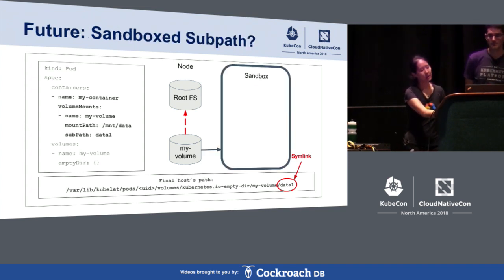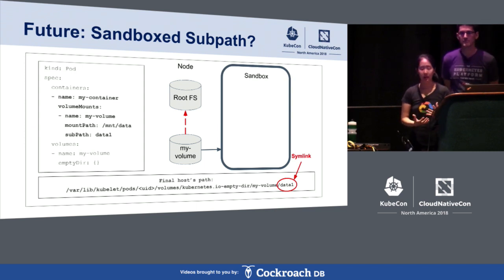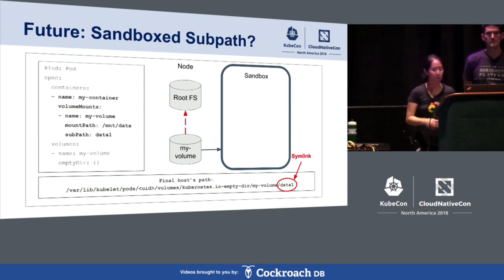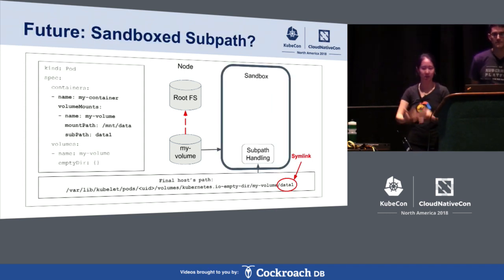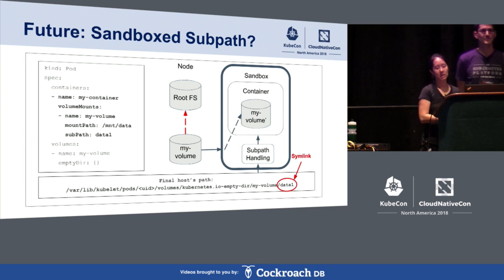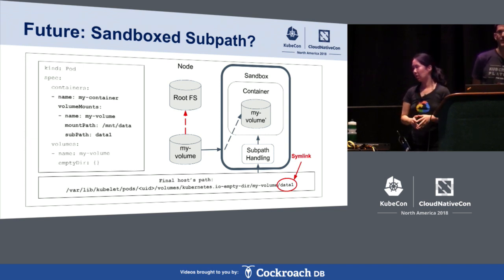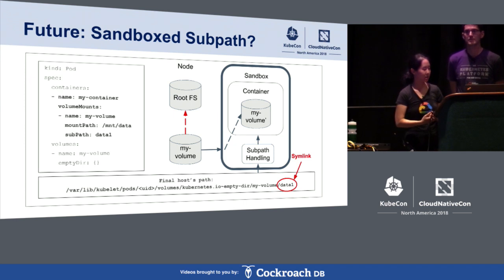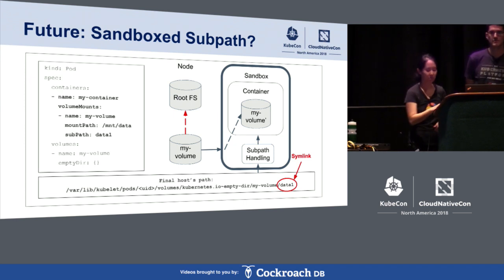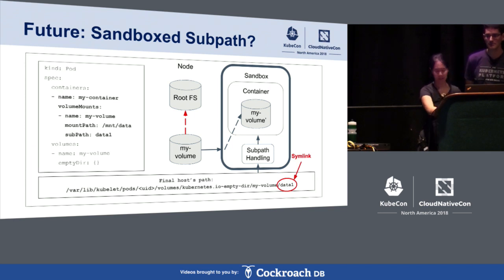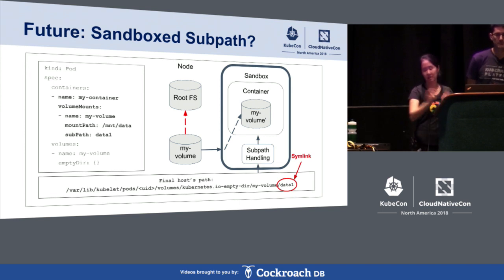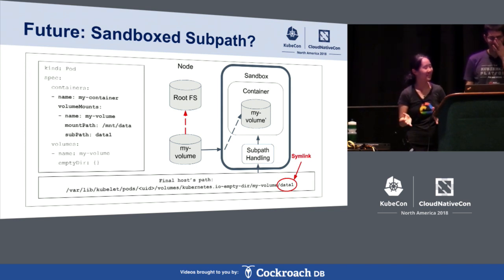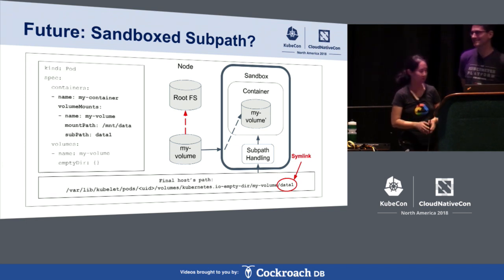So if instead we have a sandboxed environment that can provide our additional security boundary, and we moved that processing of the untrusted subpaths into the sandbox, then any symlinks that we would end up resolving could only resolve to paths contained inside that sandbox, preventing access to the host file system. So this is an idea that we are currently investigating today. This doesn't exist yet in Kubernetes, but expect to see some movement over the next year or so.